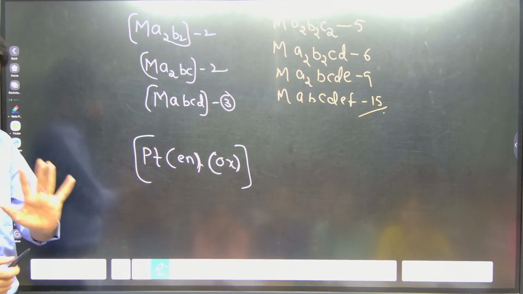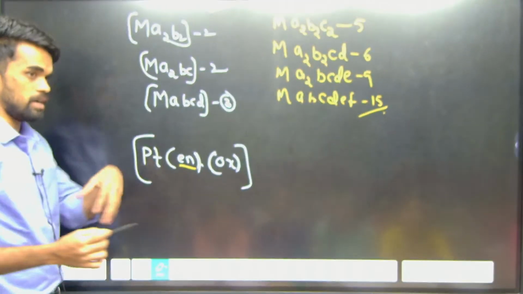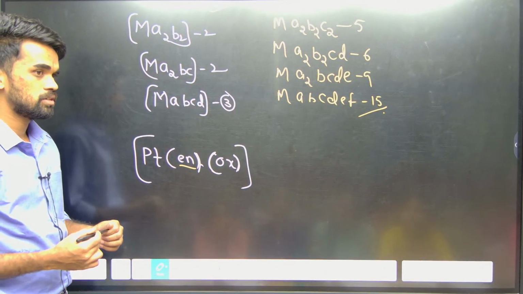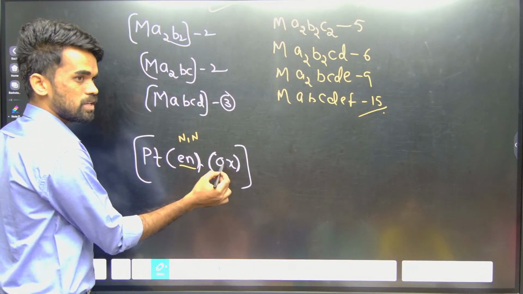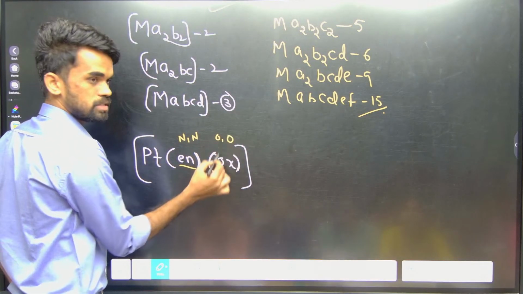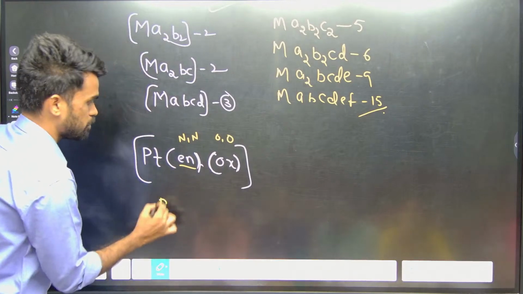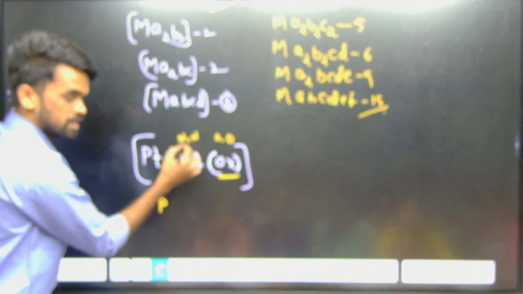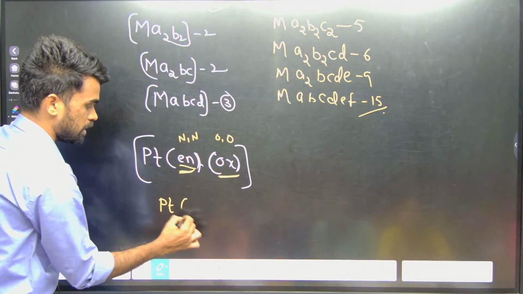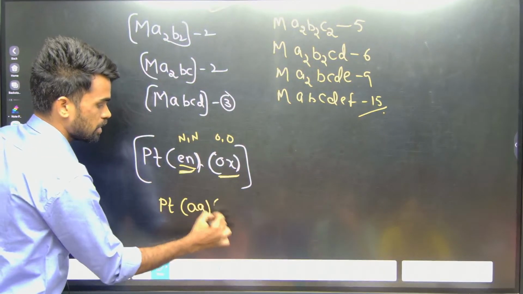Look here. En means what are the donating sites? NN donors, no? Ox means what are the donor sites? OO donors. It is a bidentate ligand, and this is also a bidentate ligand. It means 2 donor sites are there. So it is something like Pt(AA)(BB) type.